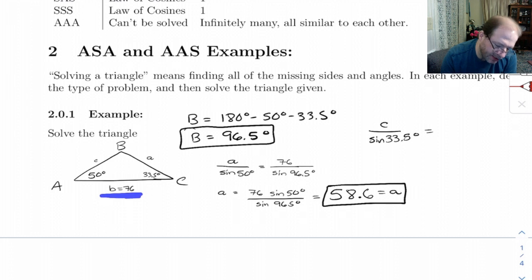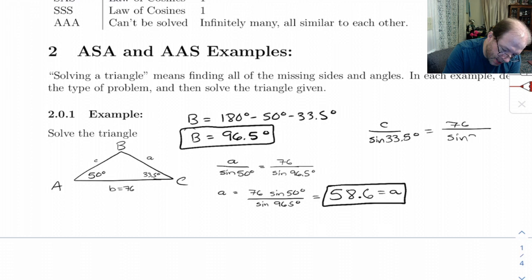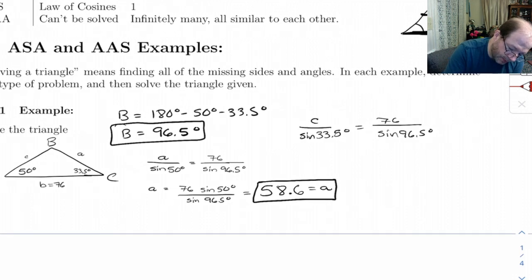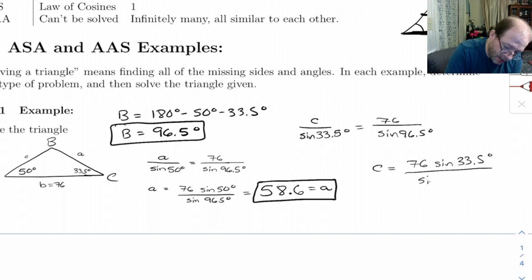But B equals 76, that's exact. So let's use the exact number so that we don't have to worry about round-off error. So I'm going to use B, 76, over sine 96.5. And so I get c is equal to 76 sine 33.5 degrees over sine 96.5 degrees. And let's work that out.